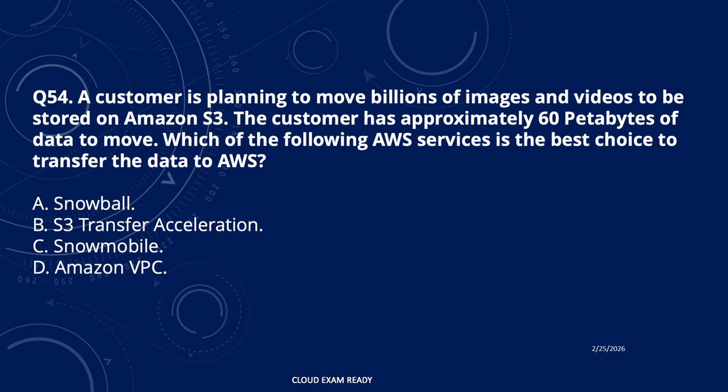So the customer has 60 petabytes of data to move, so we need to select the appropriate option. Option A, Snowball. Option B, S3 transfer acceleration. Option C, Snowmobile. And option D, Amazon VPC. So the correct answer here is option C, Snowmobile.